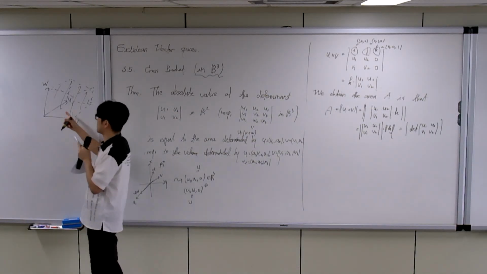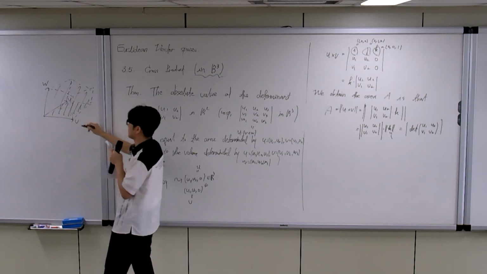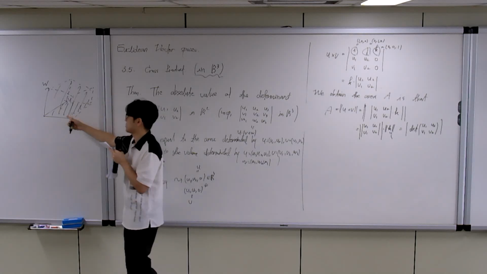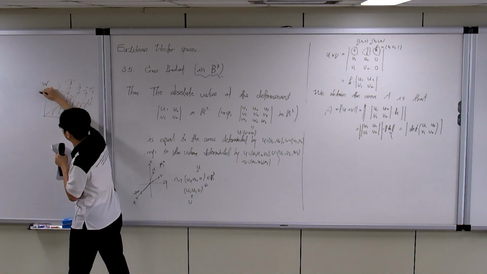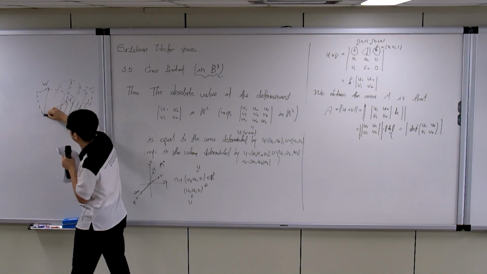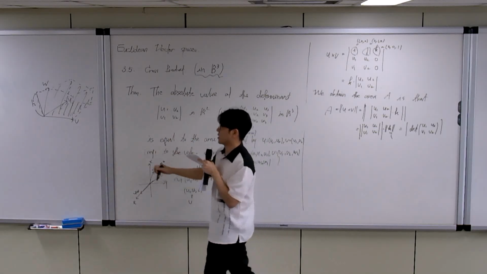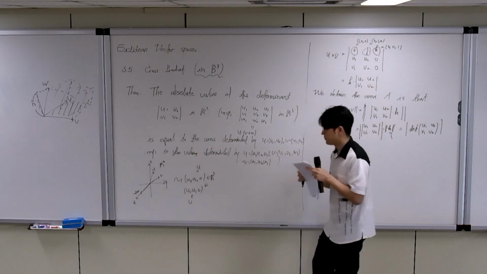To calculate the volume, we will calculate the area of the base and multiply by the height.